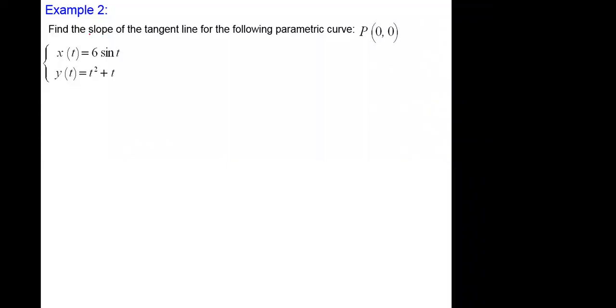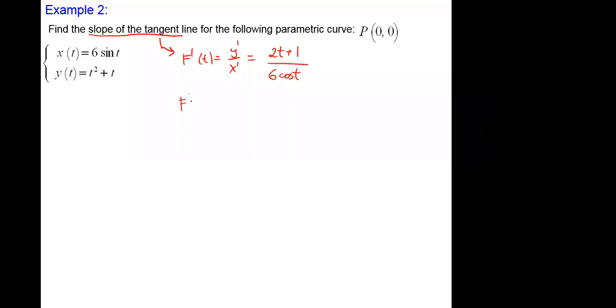Let's try. Slope of the tangent. Of course, slope of the tangent will be the derivative. Derivative is y prime over x prime, 2t plus 1 over 6 cosine of t. But now my derivative is in terms of t.